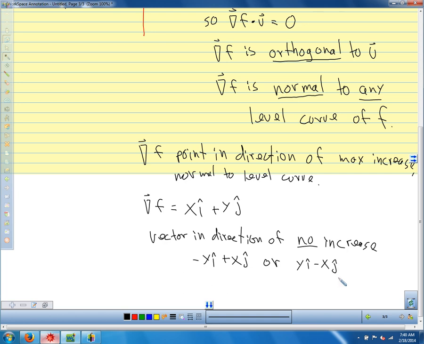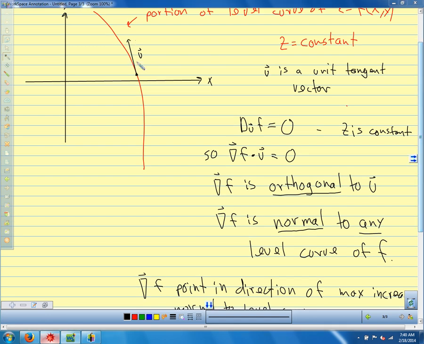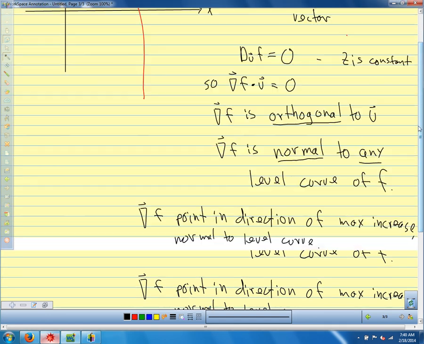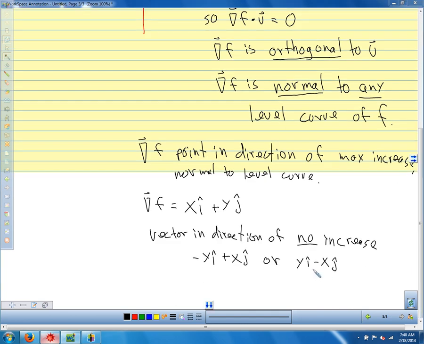So once we find the gradient at a particular point, we know the direction of maximum increase, and we can also quickly and easily find the direction of no increase, perpendicular to the gradient. That gives us a vector in the direction of the tangent vector to the level curve. And we do that by switching the x's and y's, changing the sign on one.